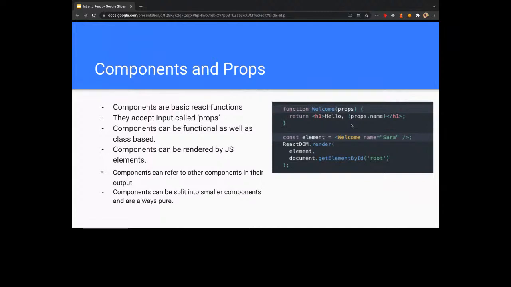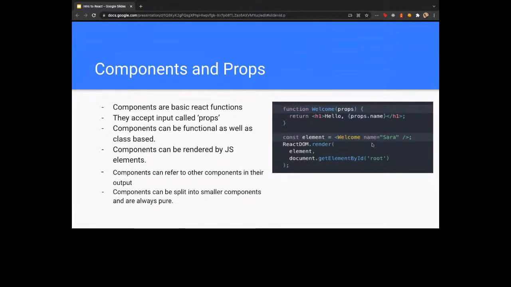React elements are also immutable. That means that once we create an element, we cannot change its children or attributes. So we generally use state to manipulate data, and we are going to cover that later on as well. Components can also refer to other components in their output. As we can see, Welcome is a component, and it can include another component, and App can also encapsulate Welcome within itself.